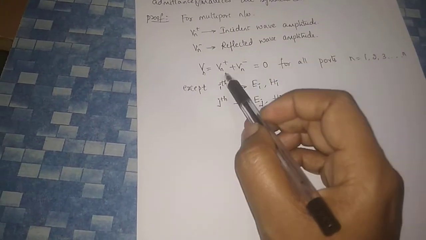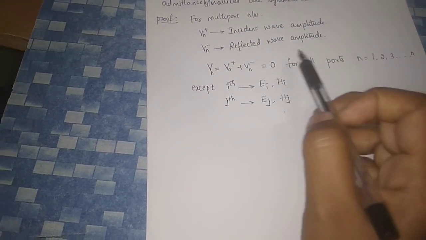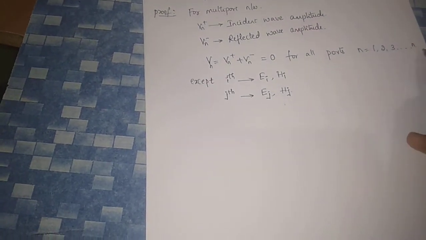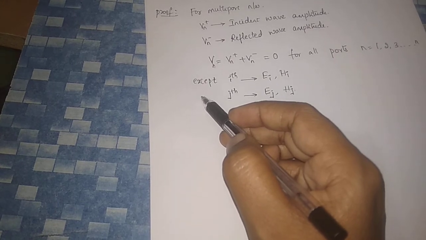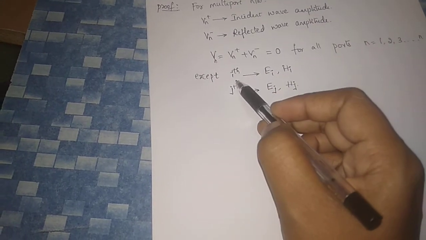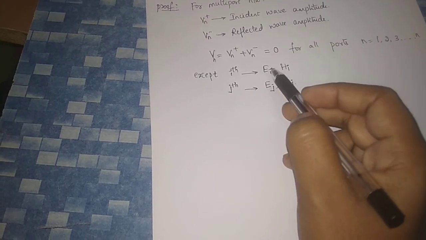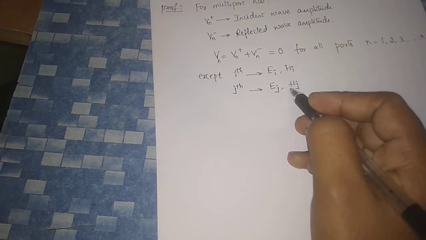We are considering this condition Vn is equal to Vn plus plus Vn minus is equal to 0 for all ports, that is n is equal to 1, 2, 3 up to n, except for the ith port and jth port, which produce the fields Ei and Hi and Ej and Hj.